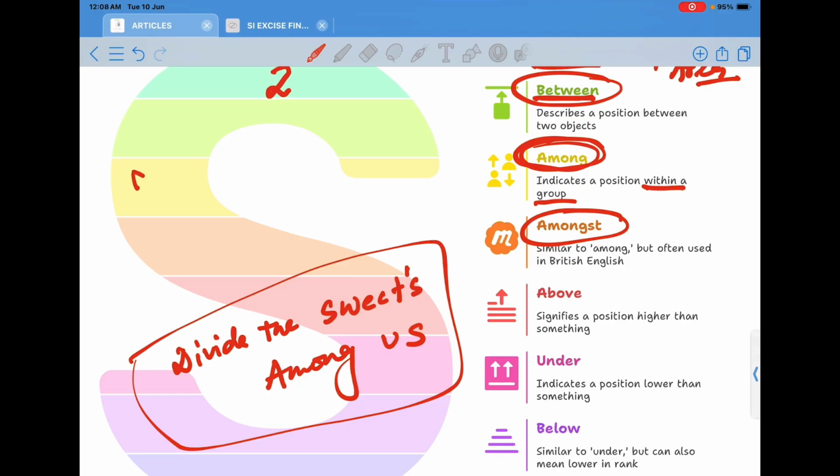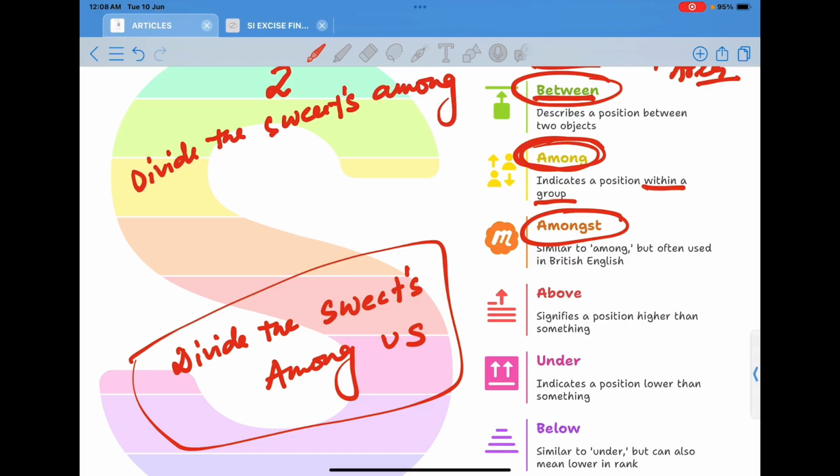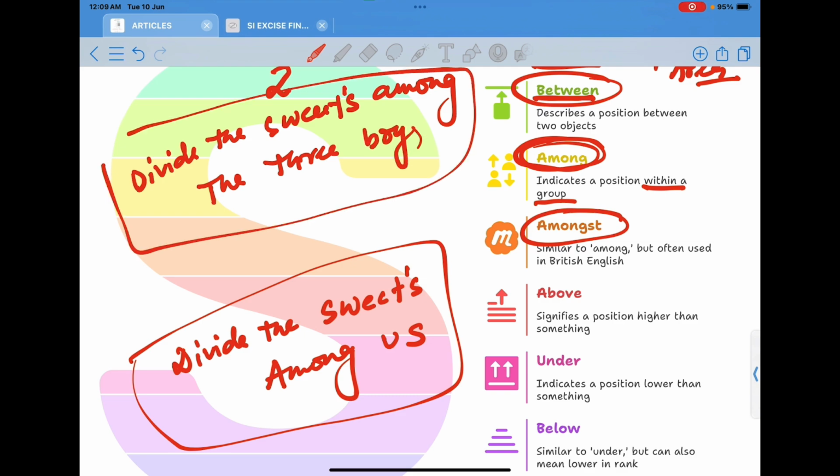Divide the sweets among the three boys. These are two different things. Divide the sweets among us, see, here it is wrong. Why? Because before this "us", the U is a vowel.